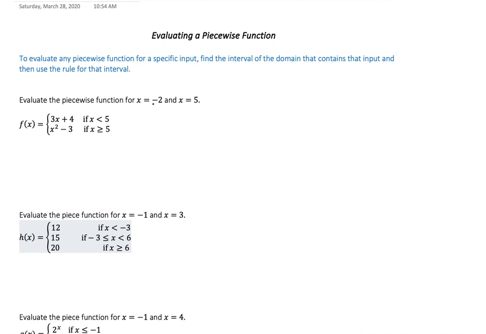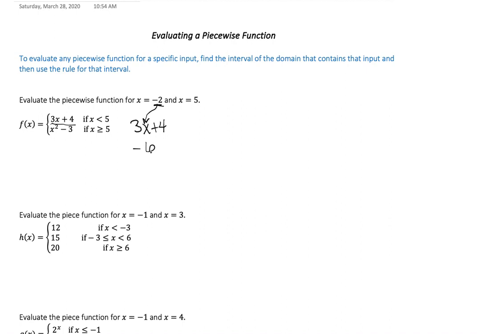So what you need to do is take that -2 and look at the domains. Does -2 fit into this one or this one? Is -2 less than 5 or greater than or equal to 5? Well, -2 is less than 5. So we're going to use this rule, 3x plus 4, and we just plug that -2 in for x.